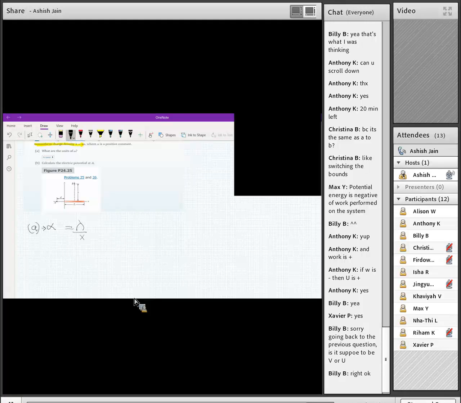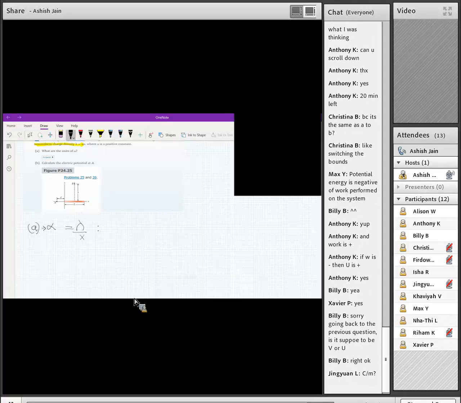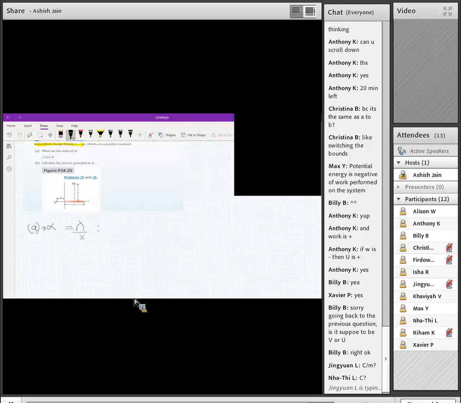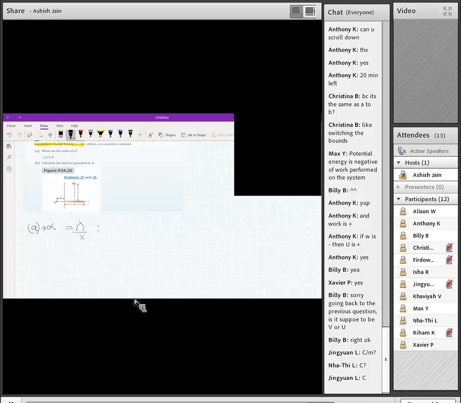I mean it's a straightforward question. You just have to tell me the units of alpha. Lambda is charge per unit length. Coulomb per meter. Do you want to recheck it? I'm talking about alpha, not lambda.